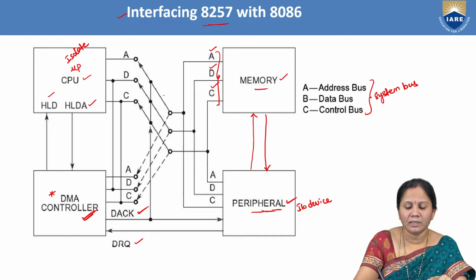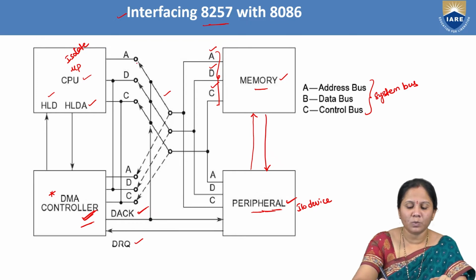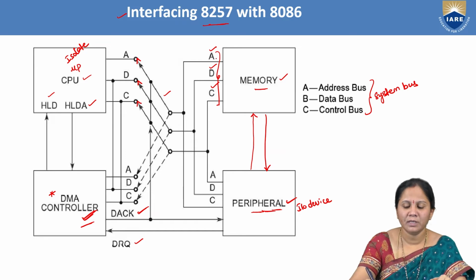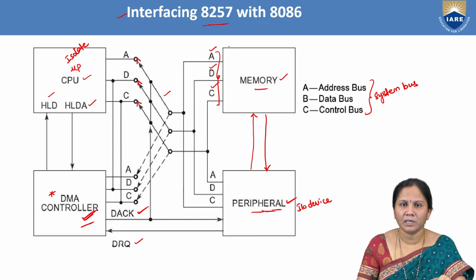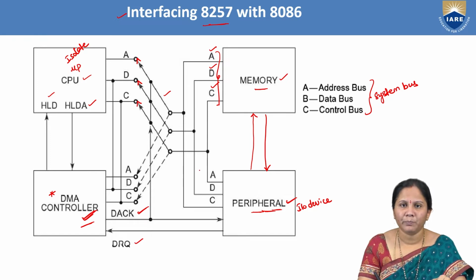So here is the switch configuration. If the DMA controller is not involved, all the switches will be connected to the CPU. All the switches means the address bus, data bus and control bus, all of them will be connected to the CPU.